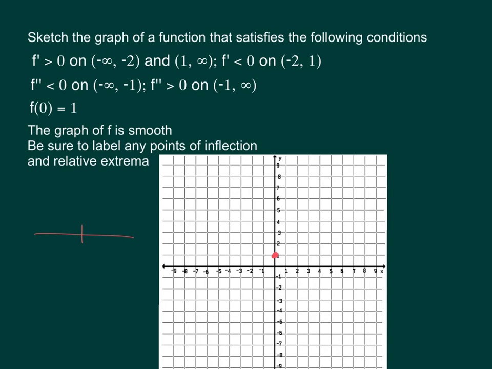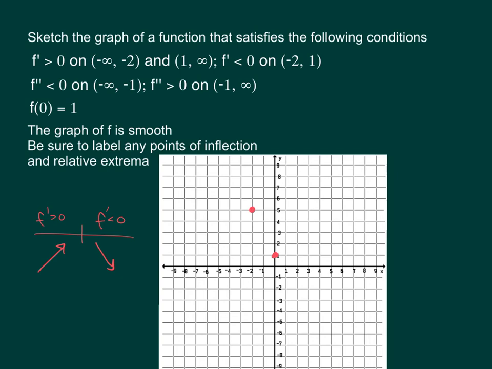Remember, if we go from the derivative being positive to the derivative being negative, what that tells us about the graph is that the original function is increasing and then decreasing. So increasing to decreasing means we should have some sort of relative maximum over here at -2.